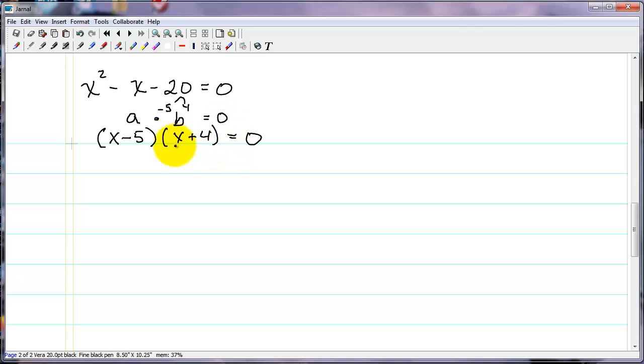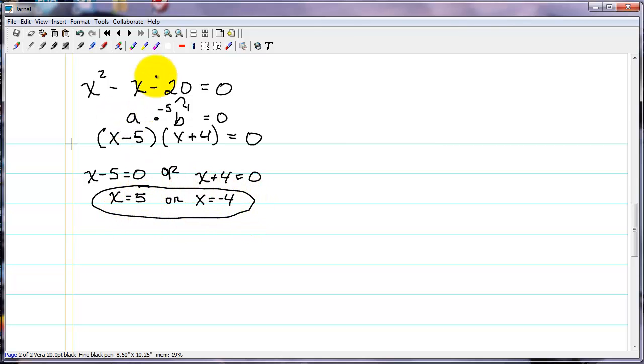So we just learned from the zero product property either A, which is x minus 5, must equal 0, or B must equal 0, which is x plus 4 equals 0. Now these are two simple linear equations, and so we can solve here x equals 5 and x equals -4.